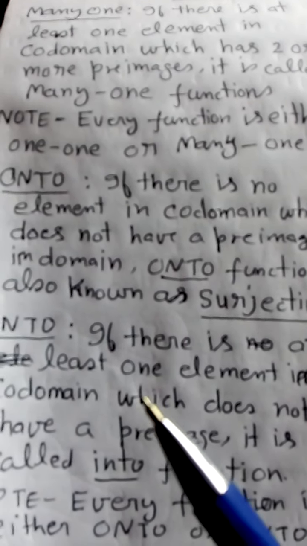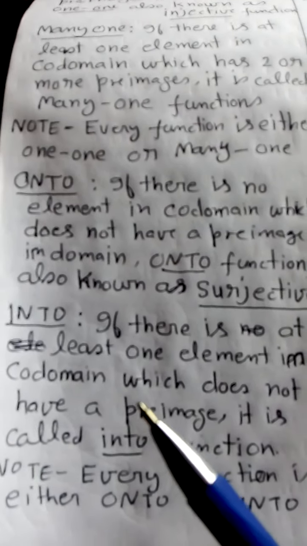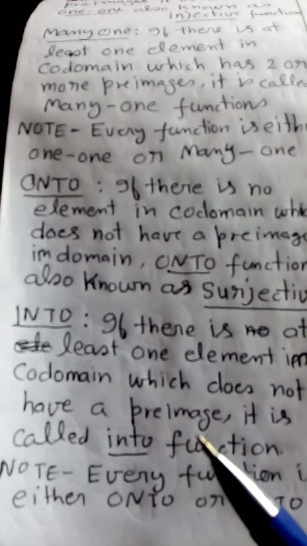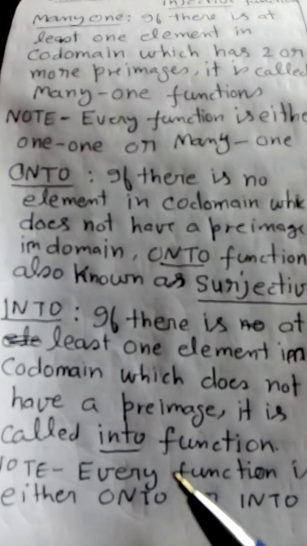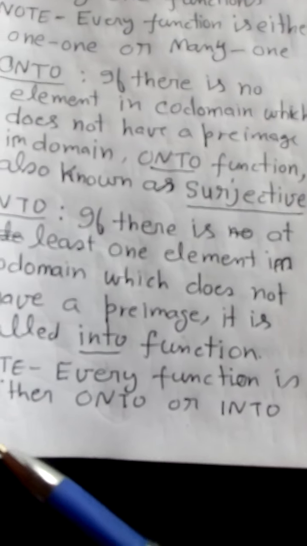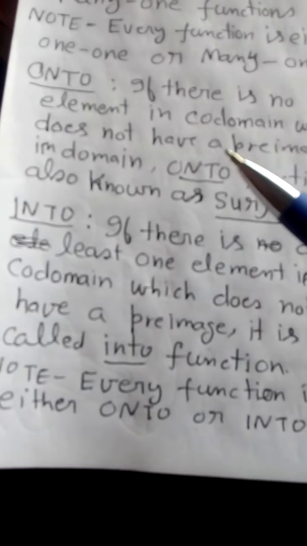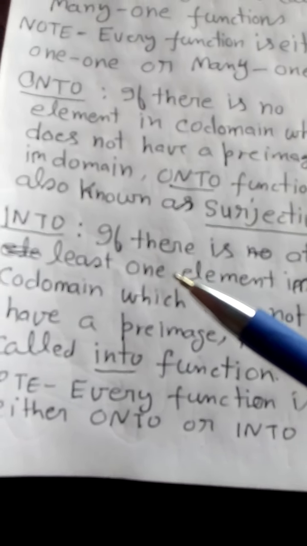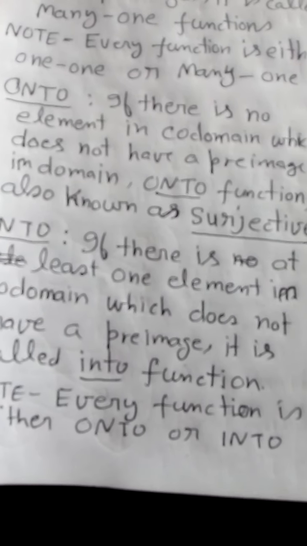Into: if there is at least one element in codomain which does not have a pre-image, it is called an into function. Again, note that every function is either onto or into. They are complementary. Either there will be no element or there will be at least one element which does not have a pre-image.